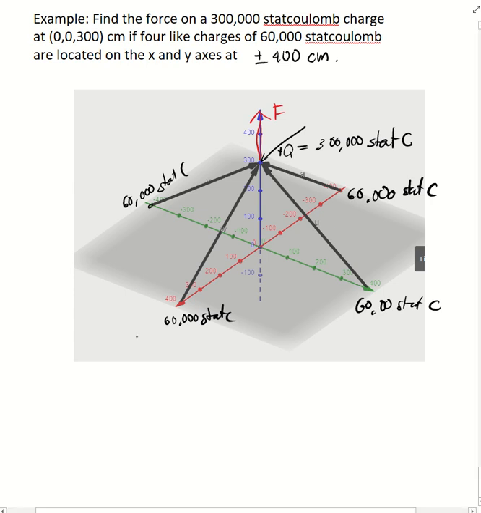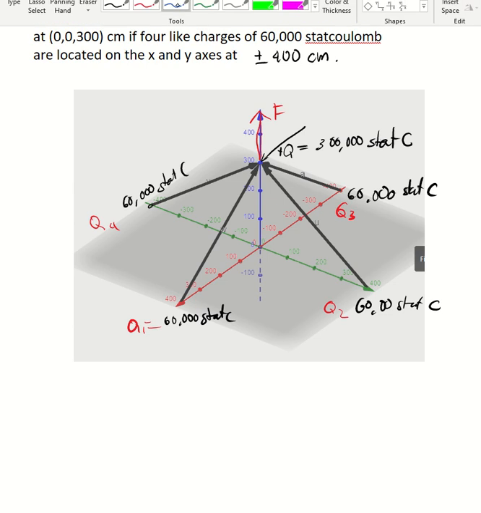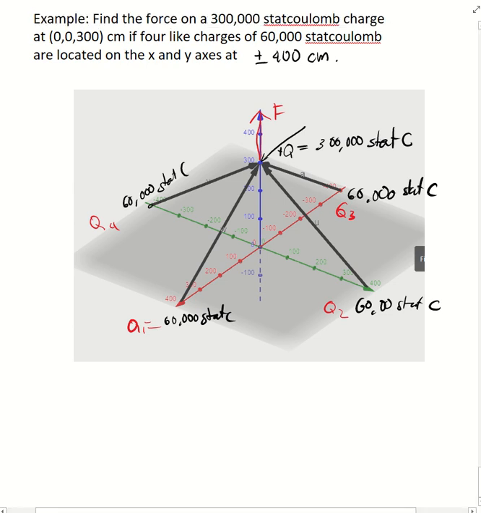Let's call this one Q1, here this is Q2, and this is Q4, and this is Q3, and this is Q. So the forces due to these Q's, we can just call them F1, F2, F3, and F4. And we call this one the total.